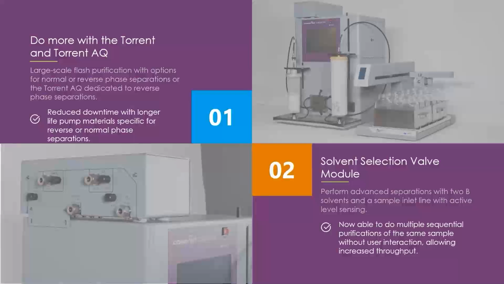The reason for this is that there are different pump materials in both instruments, and the Torrent AQ has pump materials that allow for reduced downtime because it's using reverse phase solvents. You can use a different material that has a longer lifetime and is compatible with reverse phase. The normal phase Torrent, because of the solvents you're using, requires a different material, and it does have a slightly shorter lifetime than what's used with the Torrent AQ on the A pump.